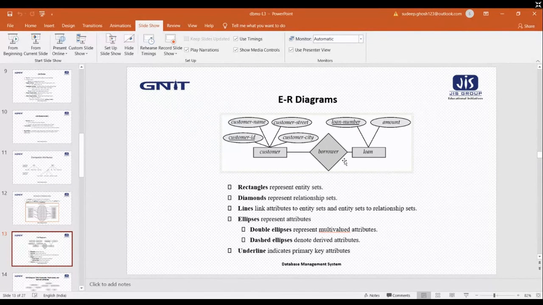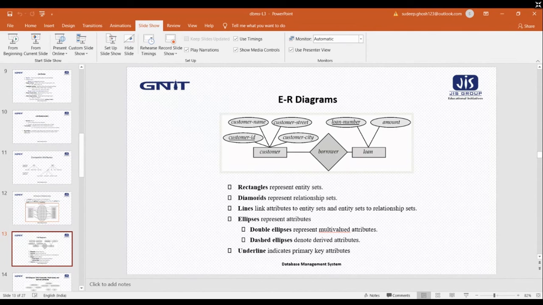So rectangles represent the entity types, diamonds or rhombus represent the relationship type, and lines link the attributes to entity sets and also link the entity sets to relationship sets. And the ellipses, or ovals, represent the attributes.